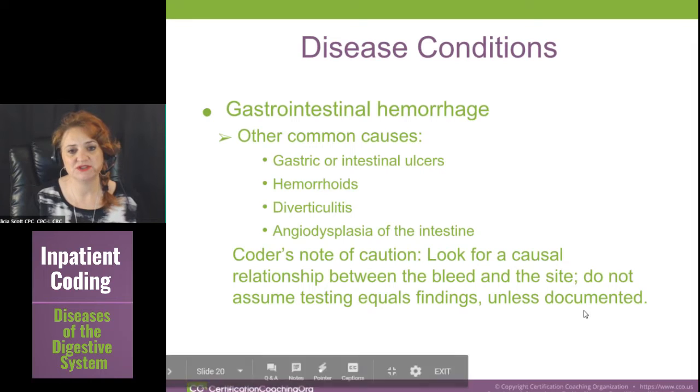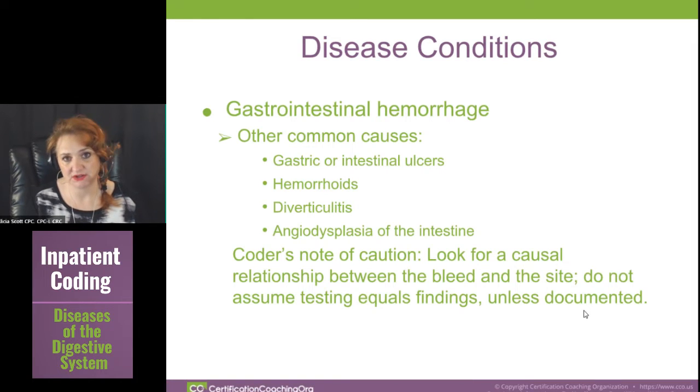Other common causes, you can have gastric or intestinal ulcers, of course, hemorrhoids, which is just enlarged veins, and then diverticulitis. Now, diverticulitis is a little bit different because that's in the large intestine, and there are little pockets that develop, and those little pockets or balloons can become infected, and they are very, very painful.